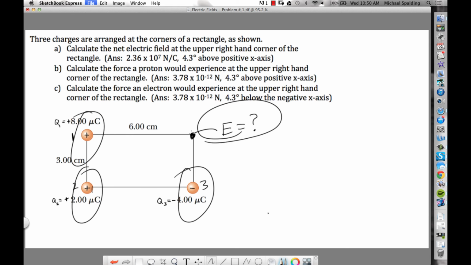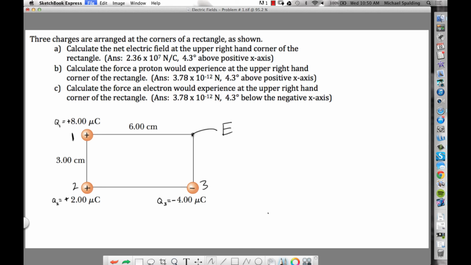Okay? So the first thing we have to do is figure out the direction of the electric fields at this point. Let's start with charge 1. Is charge 1 plus or minus? Plus. What do we know about the electric field for a big positive? It goes out in all directions. But what's the electric field from charge 1 doing at the point we're focusing on?